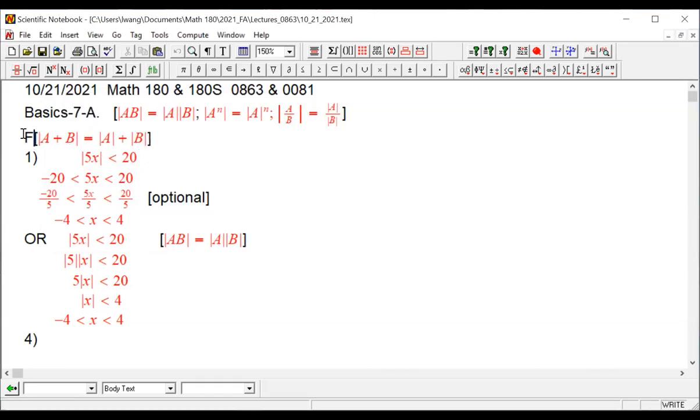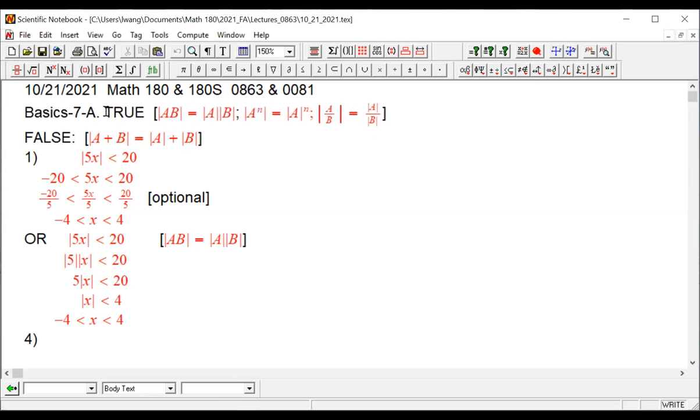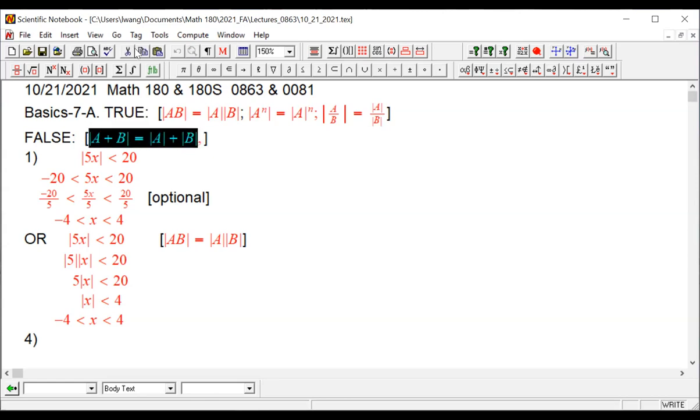So these are false statements. These are the true statements. And subtraction is false. If you're subtracting, that's false.